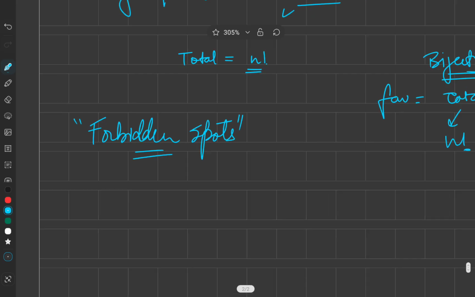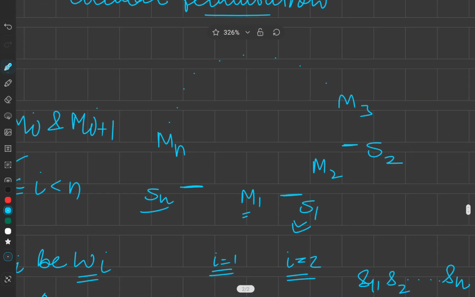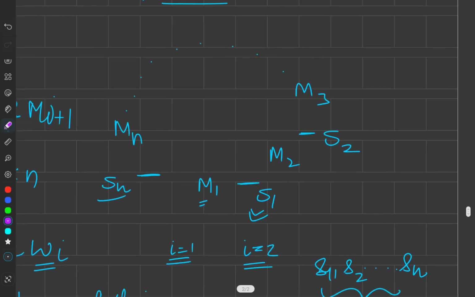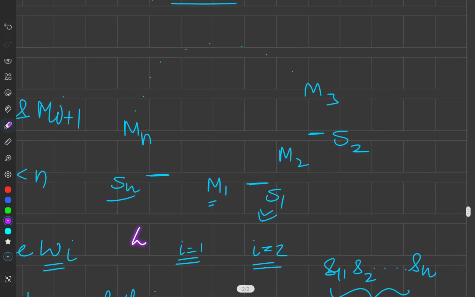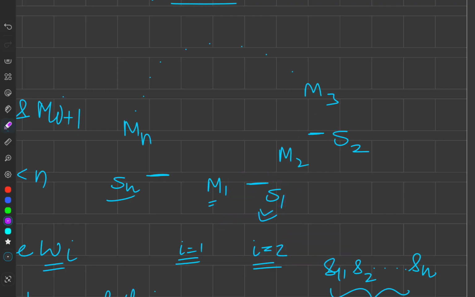Now, we know that a woman can only be on any one of the forbidden spots for the unfavorable cases, right? So if w1 chooses s1, then there will be only one place for w2 to be forbidden, that is s2.